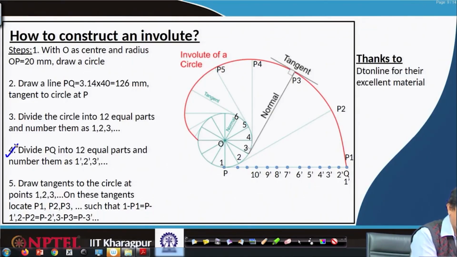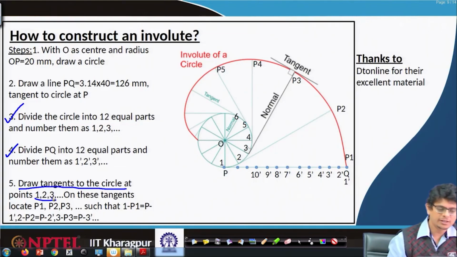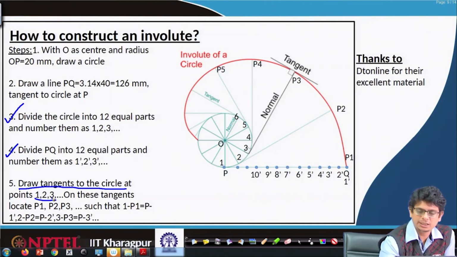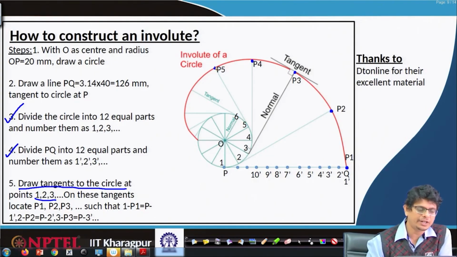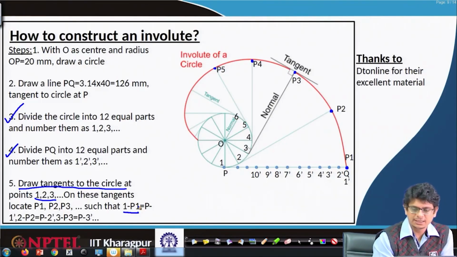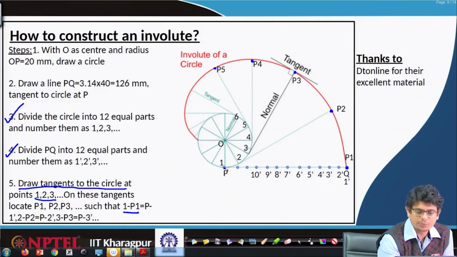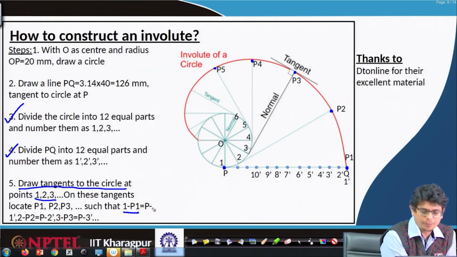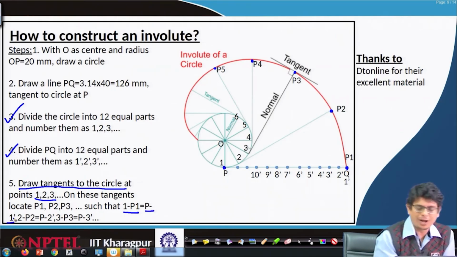After dividing the PQ line into 12 parts, the circle into 12 parts, and drawing tangents to the circle at points 1, 2, 3, we have to locate points P1, P2, P3, P4 and so on in such a way that the distance 1 to P1 is equal to P to 1 prime.